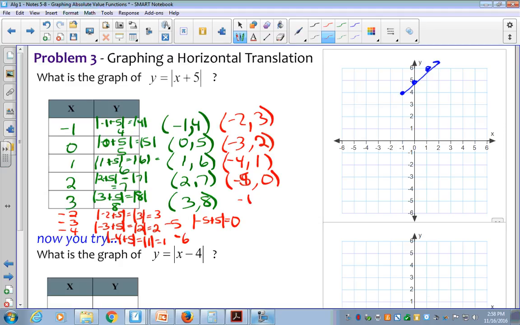And let's do -6 just to round the corner here. -6 plus 5 is -1, the absolute value of -1, which is 1.